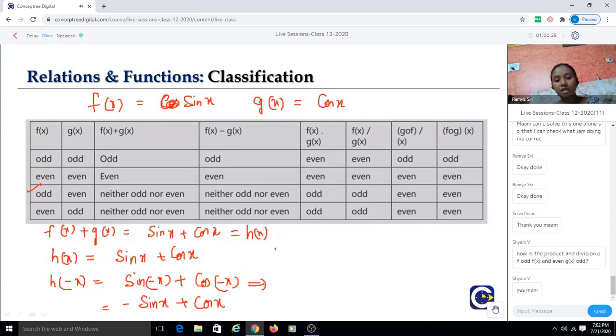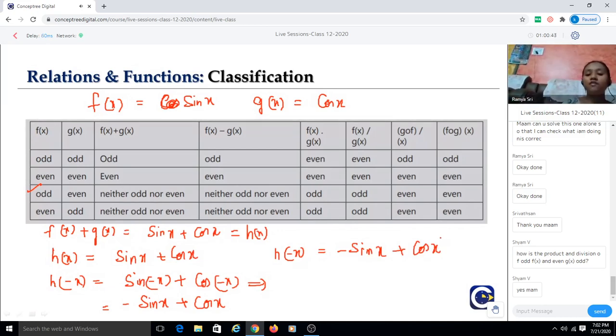So here we end up having our h of minus x to be minus sin x plus cos x, which means this is not our function h of x, because our function h of x is sin x plus cos x. And we also cannot take minus common, because if we pull out minus, then it will be sin x minus cos x.